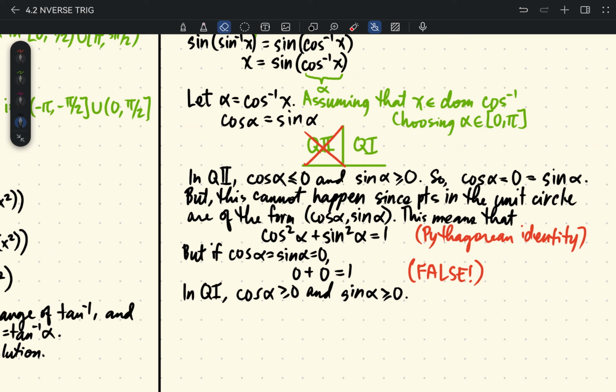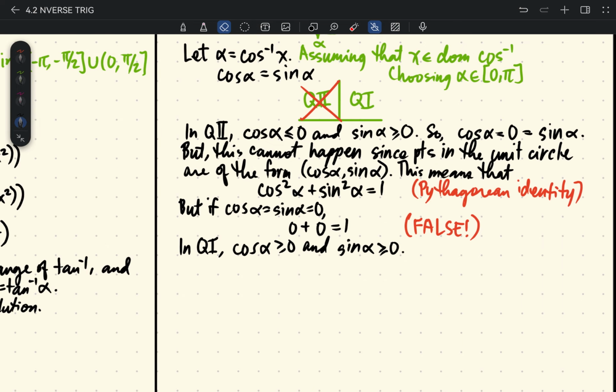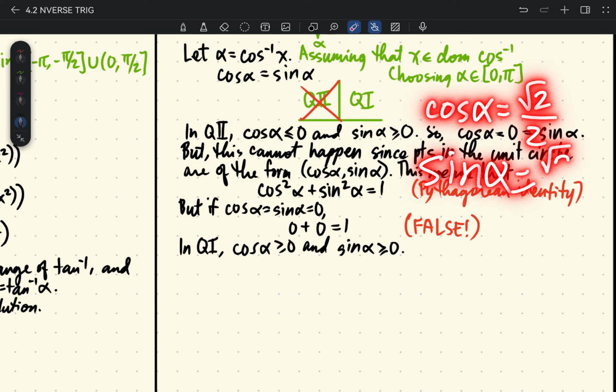And if you will recall, there's only one possibility for cosine alpha and sine alpha to be equal. And that is if cosine alpha equals square root of 2 over 2 and sine alpha is square root of 2 over 2.